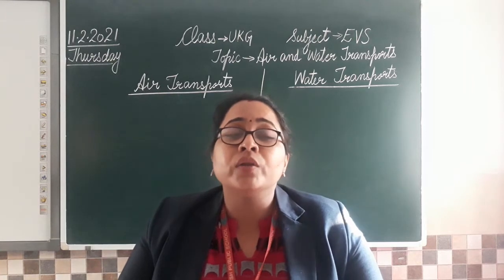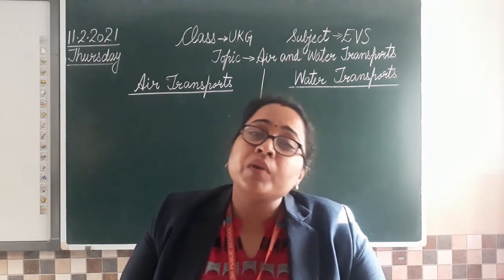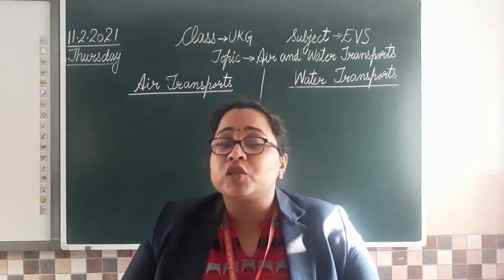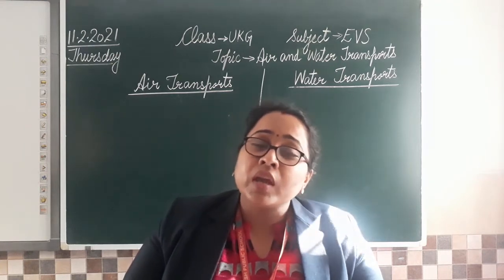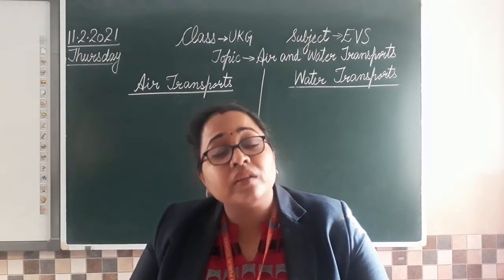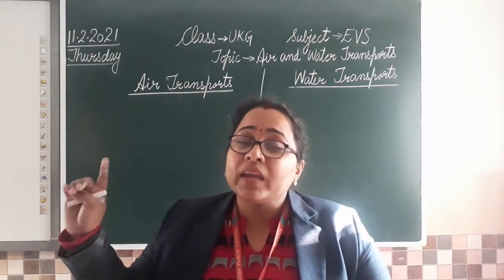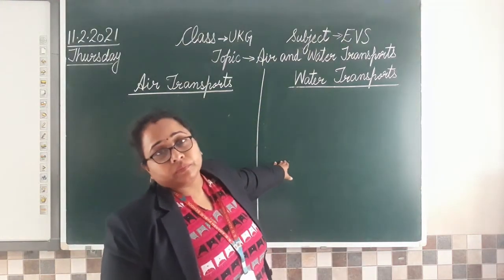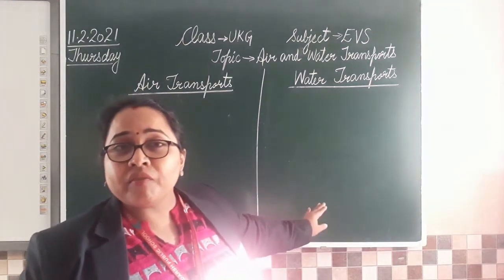So what are we going to do today? As in the previous class, we have written the names of vehicles that run on the road. So today we are going to write the names of those vehicles that fly in the air and move on water. Is that clear to everyone?